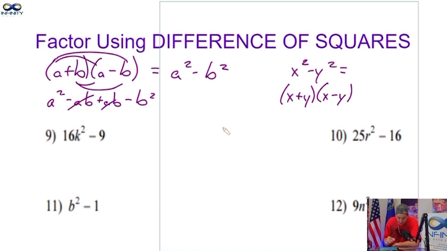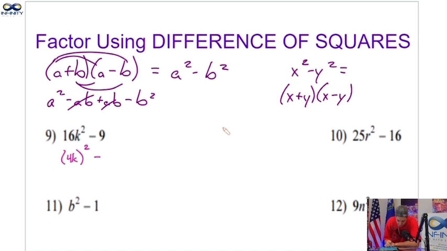If you want to start out doing it the long way, that's what I would advise, just so you completely understand it. And then after that, we'll be doing them in our head. All right, you got to recognize that this is (4k) squared minus 3 squared. So here, a is equal to 4k and b is equal to 3.